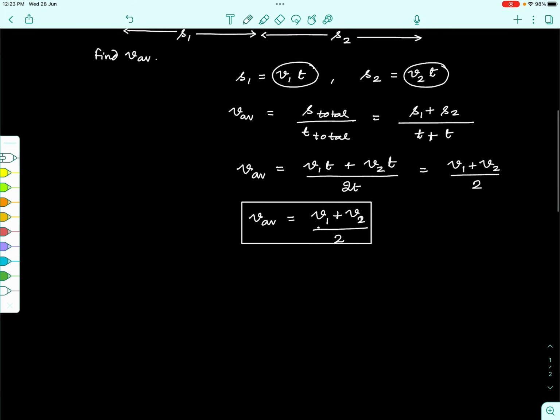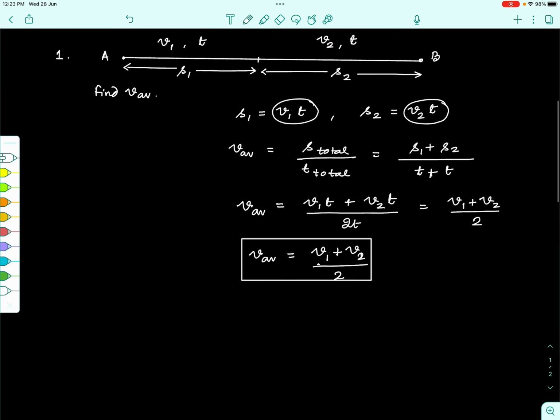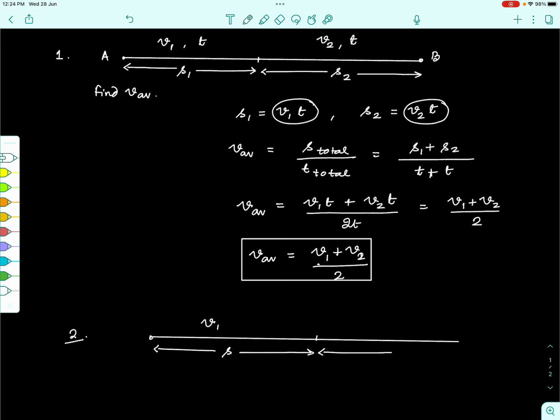Next is, for a similar motion, we have a small difference now. Let's say the same body travels a certain distance along a straight line in such a way that it travels with a speed v1 for a certain distance s, and then it travels a further same amount of distance s with another speed v2.